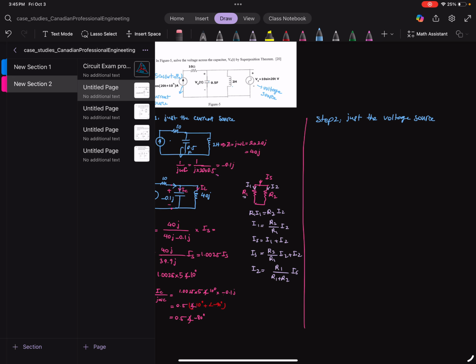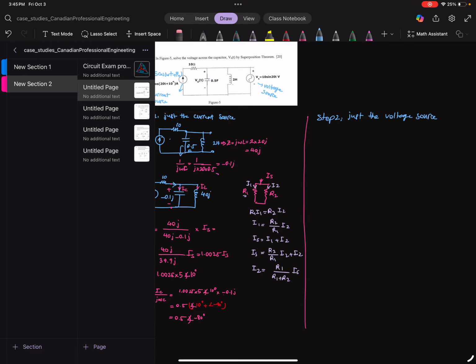When we said just a current source, what did we do? We removed this one, right? We open circuited it. Now, when the voltage source becomes open circuit, it's as if it's not there, so it doesn't matter. We can just remove it.